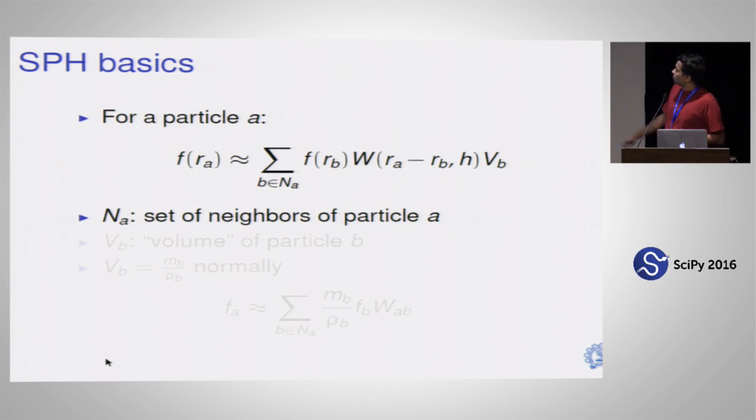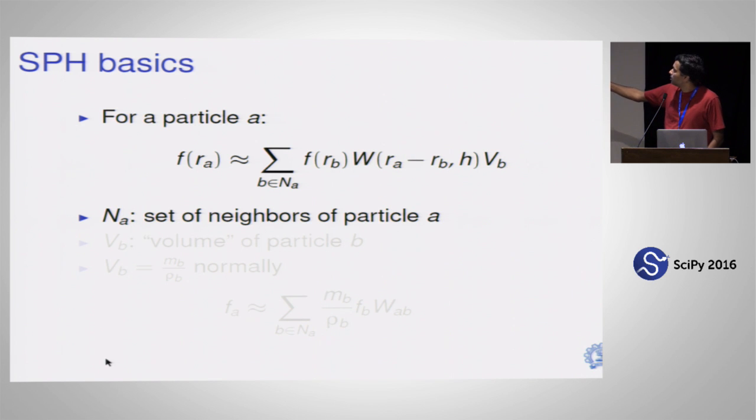So if you have a particle at some location A, you can find the function value by simply discretizing that integral into a summation, like so. And because the kernel W is compact, you only need to look at your nearest neighbors.